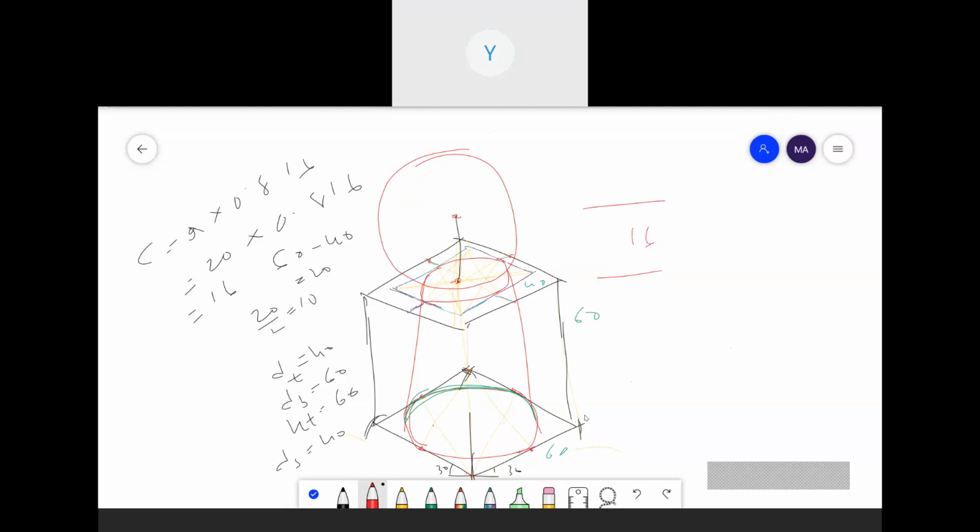Does anybody have any doubts? Can we move to the next problem? Anybody from ECE who has drawn the problems? Anyone from ECE? Can you share your problems? Okay, good. Which branch are you from?